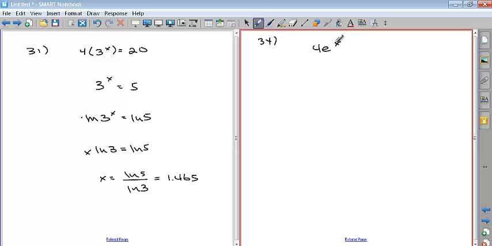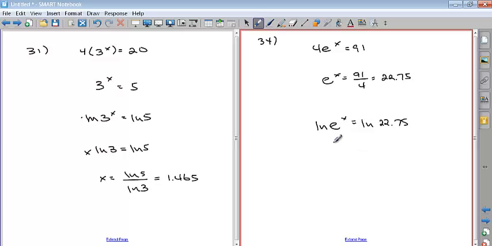4e to the x is equal to 91. Again, divide both sides by 4. And 91 divided by 4 is 22.75. Then you take the natural log of e to the x is equal to the natural log of 22.75.